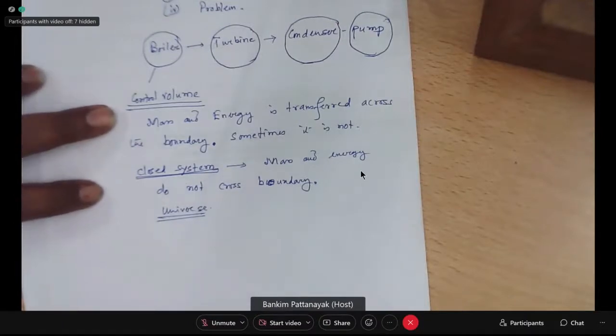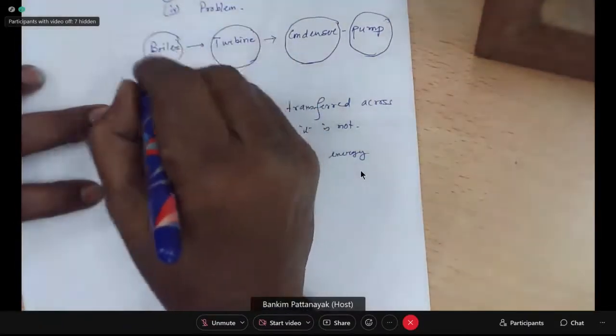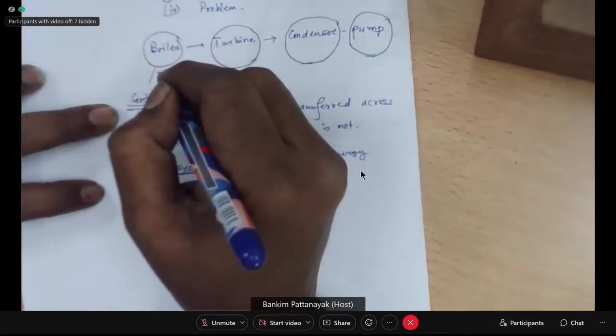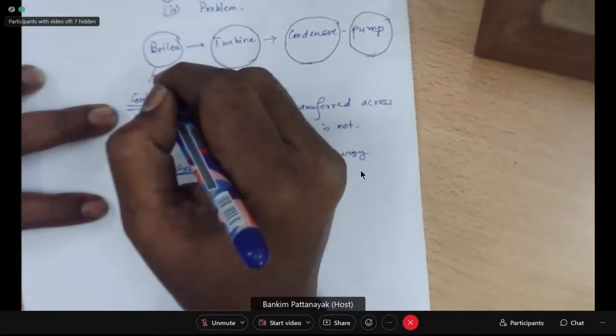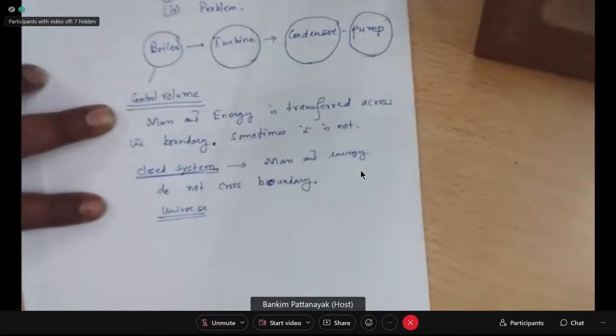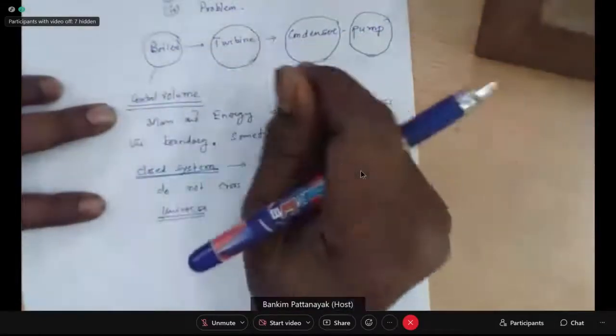For example, take the boiler: on one side it is receiving warm liquid from the boiler feed water pump, and on the other side it is releasing high pressure, high temperature steam to the next location, which is the turbine.